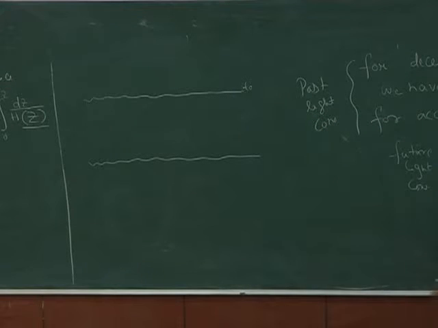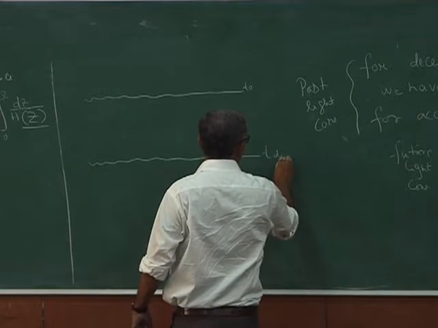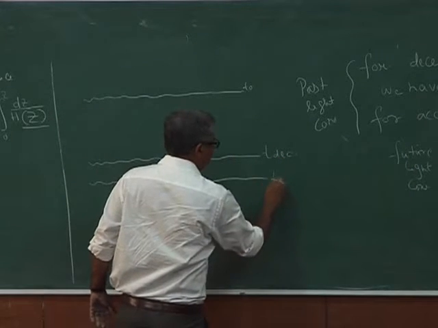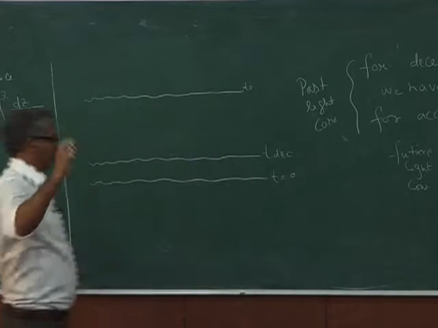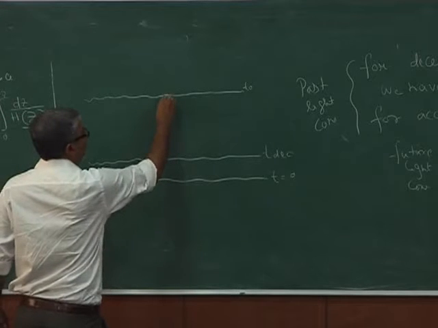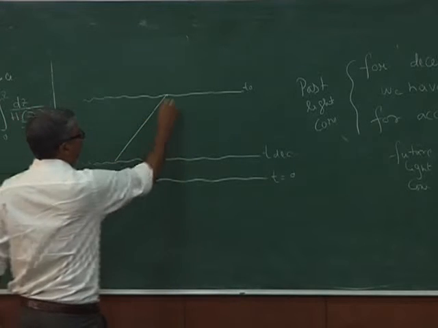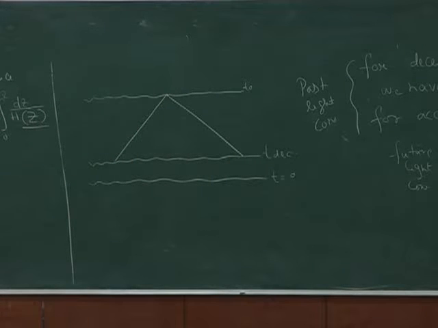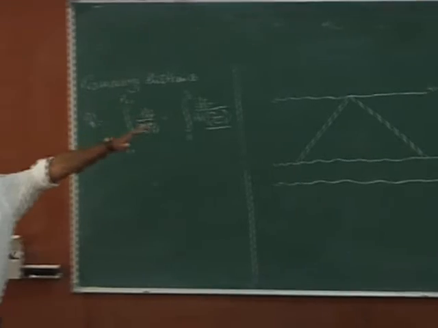Fine. So let us say this is my T decoupling, and let us say this is my T equal to 0, that is my past beginning. Fine. So I receive photons. If I am here, I draw my light cone, okay. I receive photons from all these places from the past, at T equal to decoupling, and I see these photons have very, very uniform temperature.